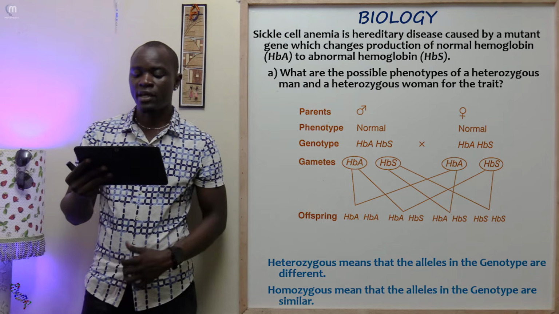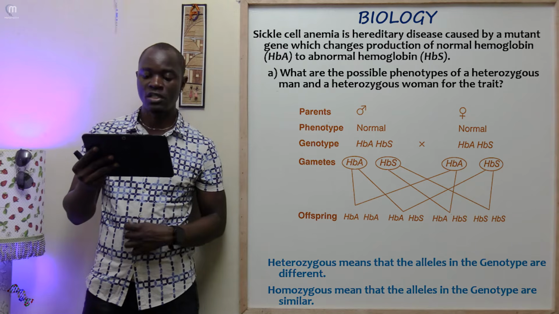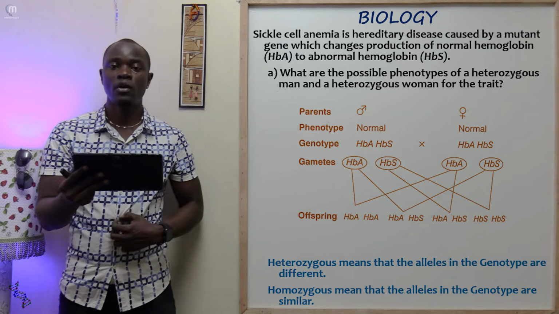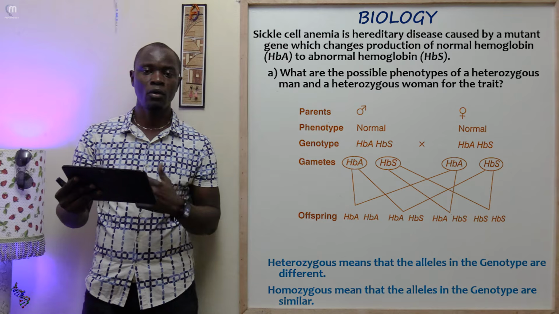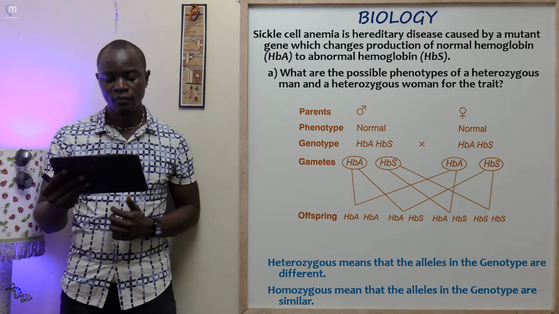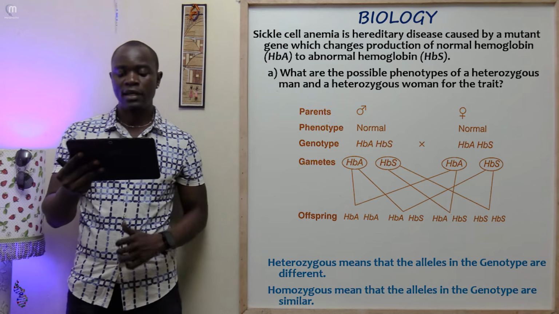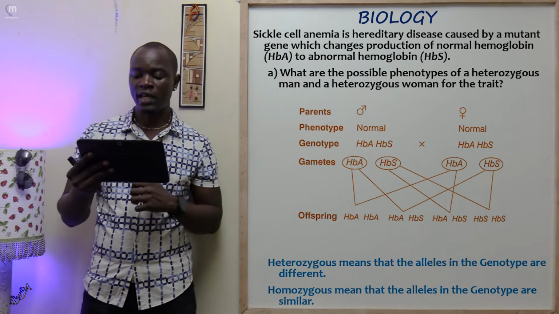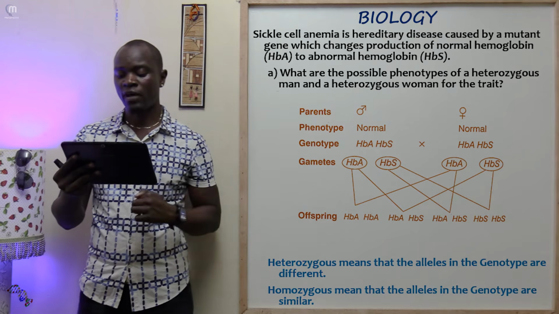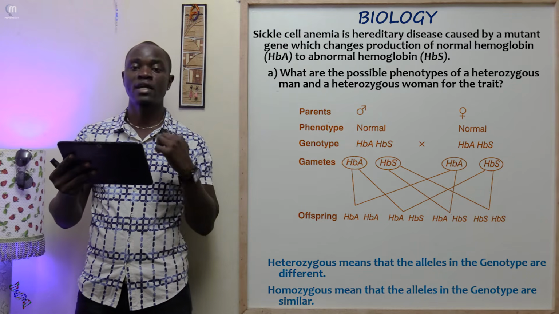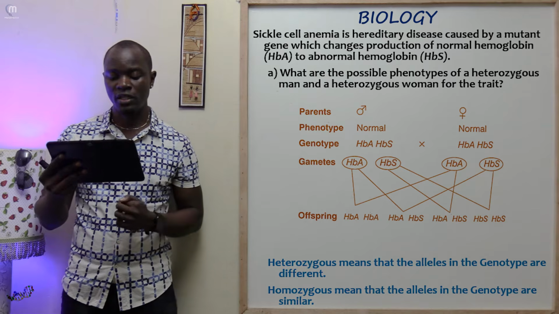So sickle cell anemia is a hereditary disease caused by a mutant gene which changes production of normal hemoglobin HbA to abnormal hemoglobin HbS. So the question is asking, what are the possible phenotypes of a heterozygous man and heterozygous woman for this trait?